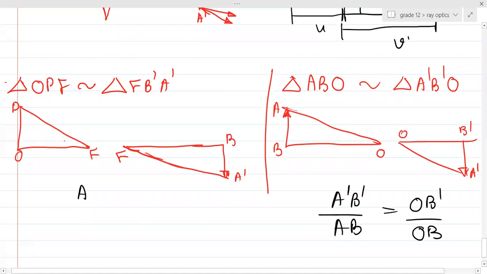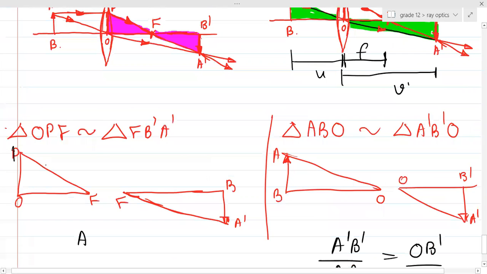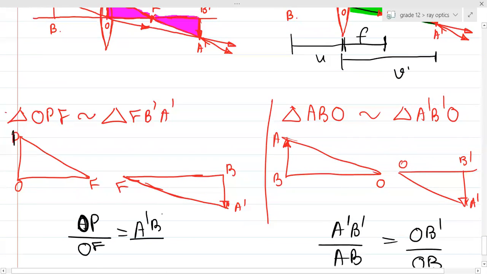Similarly, here in this triangle, can I say OP and OF? Oh, it's not D, it's P, right? We have considered it P. So we can write OP upon OF is equal to FB dash upon... Can I say this thing, guys?